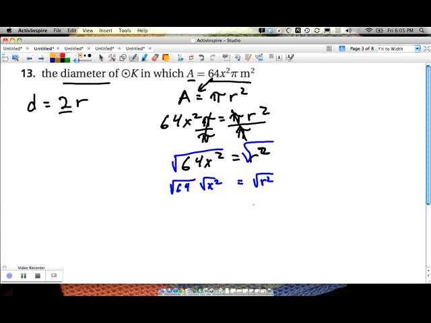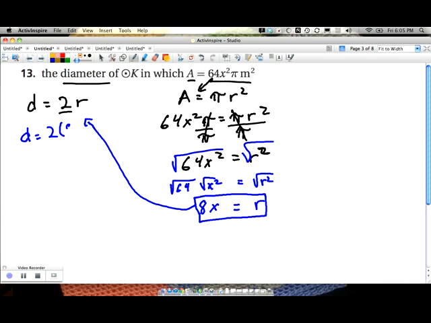Well, that's going to be an r for that, an x for this, and 64 square rooted becomes 8. So 8x is my radius, but I'm going to use that now over here to figure out the diameter. Diameter is 2 times that radius, so the diameter is equal to 16x.